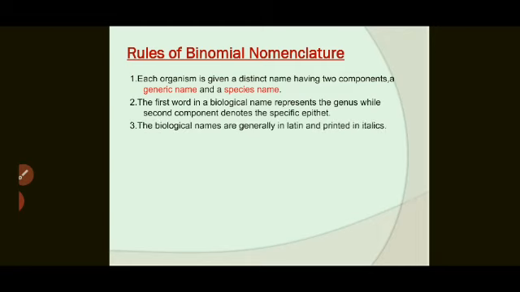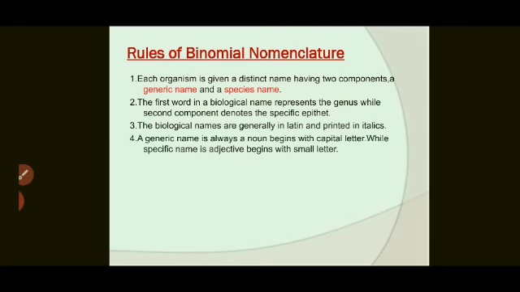Thirdly, the biological names are generally in Latin and printed in italics. A generic name is always a noun, begins with a capital letter, while specific name is an adjective, begins with a small letter.